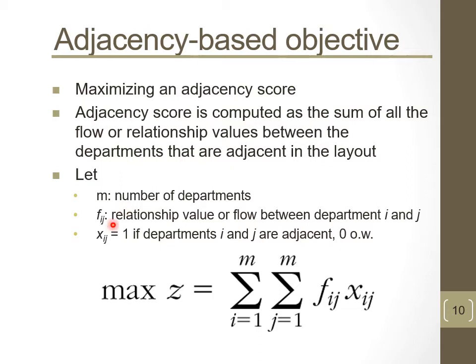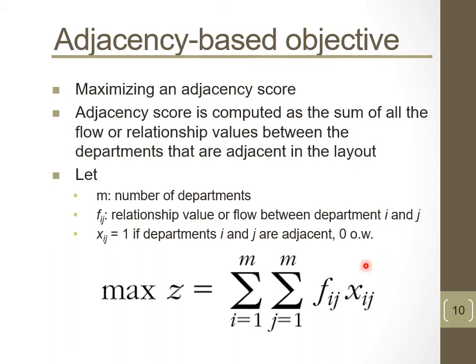This Fij represents those numbers, those scores, and Xij is our decision variable. It's a binary decision variable. If two departments i and j are adjacent in the layout, then it takes the value of 1, otherwise it's 0.